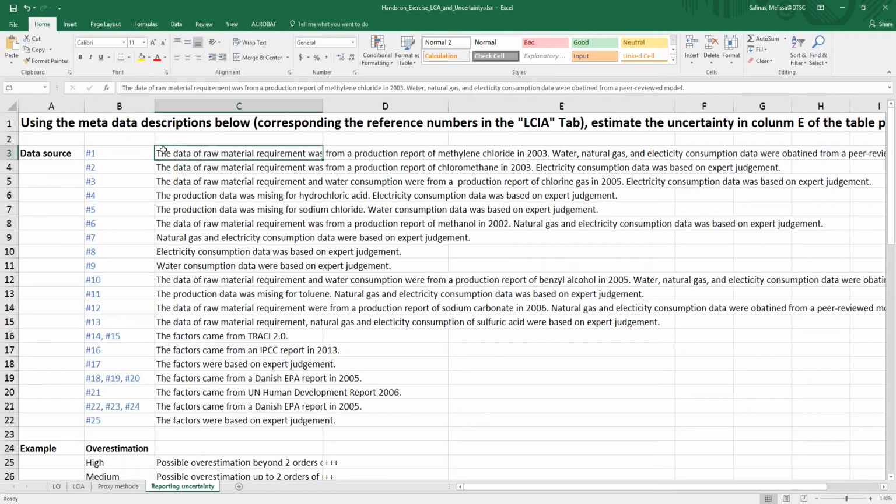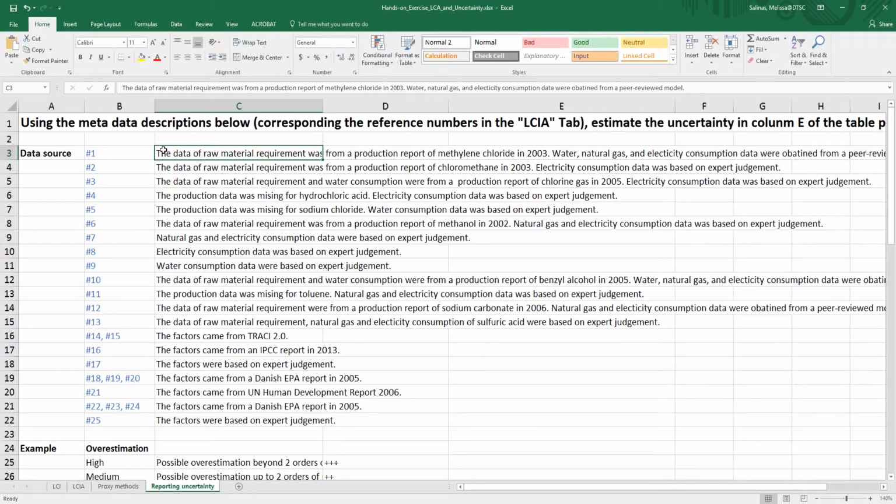Suppose you have extracted this information based on the literature review and by looking into the data source, and now based on this information, we want to determine the level of uncertainty involved in that particular data.